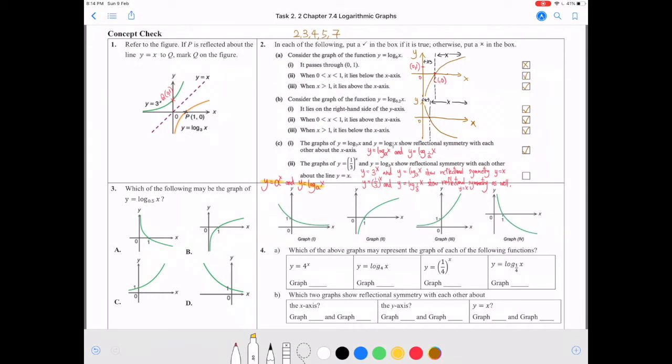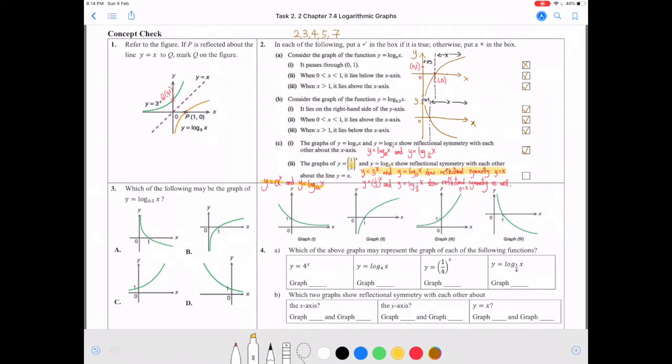But let's have a look. The first function, 1 over 3 to the power of x. The second one, log base 3 of x. Are they inverses of each other? No, right? You may say y equals 3 to the power of x and y equals log base 3 of x show reflectional symmetry about y equals x.